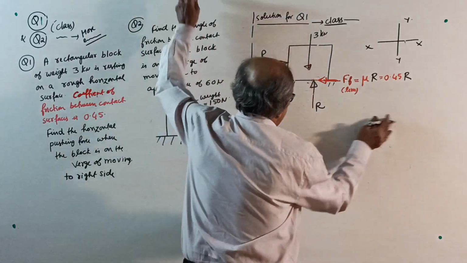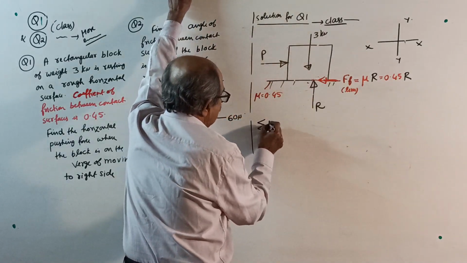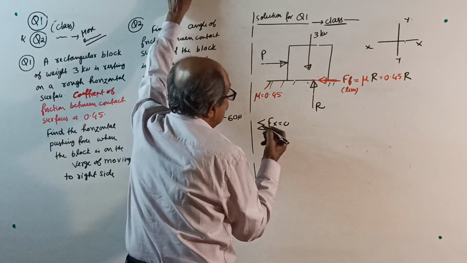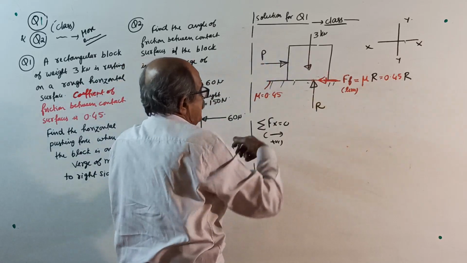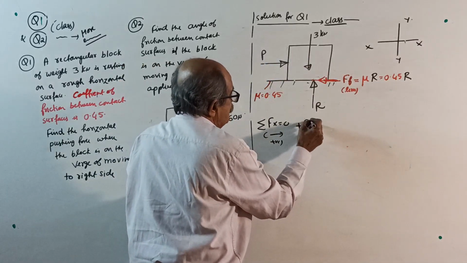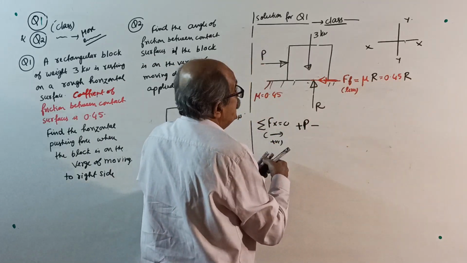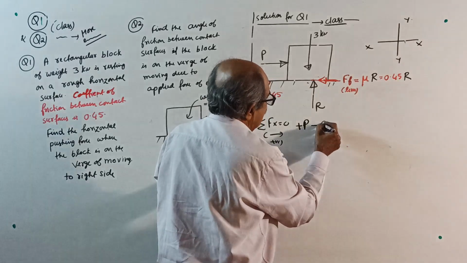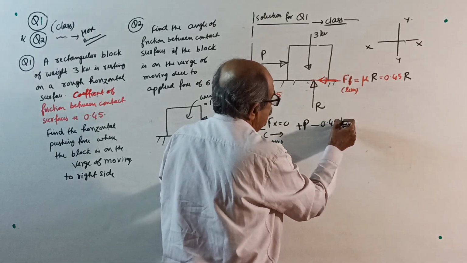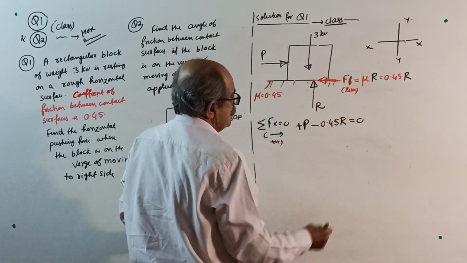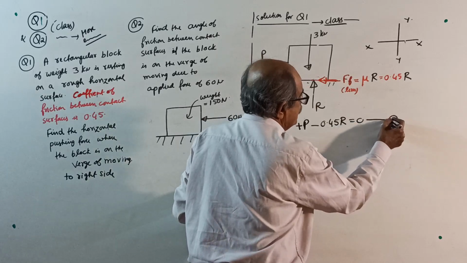Okay, then start. First make sigma Fx equal to 0. We will take right side positive. Plus P minus 0.45 into R equal to 0. Call this equation number 1.